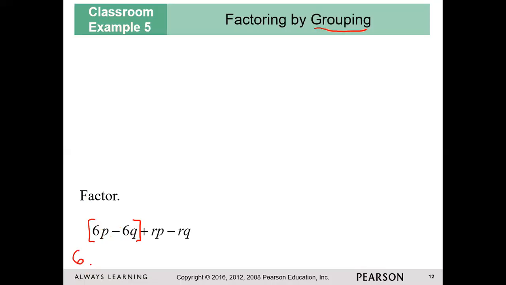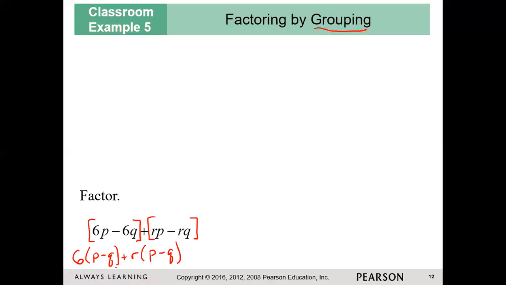So I'm going to take my 6 out, and that leaves me with p minus q inside the parentheses. Then I shift my attention to the second two terms, and you can see they have an r in common. So the plus comes down for the ride, the r comes out, and that leaves you with a p minus q inside the parentheses.